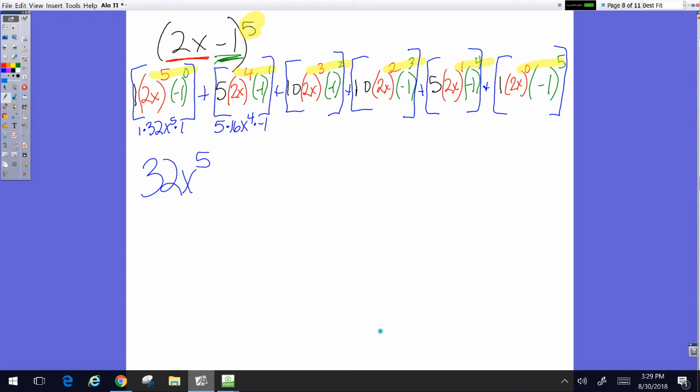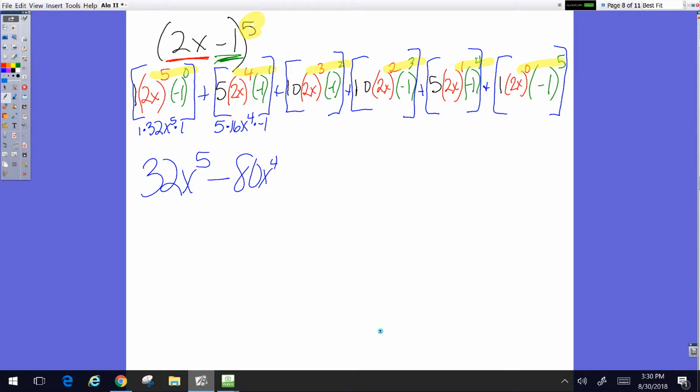So now, I do 5 times 16 times negative 1. 5 times 16 times negative 1 is negative 80. So this is negative 80x to the 4th. And now we're done with that bracket.